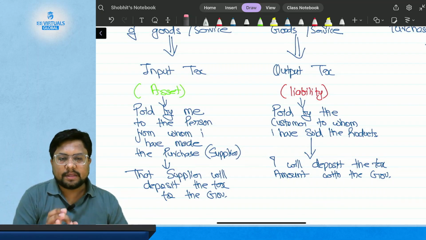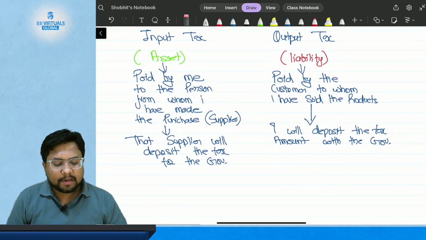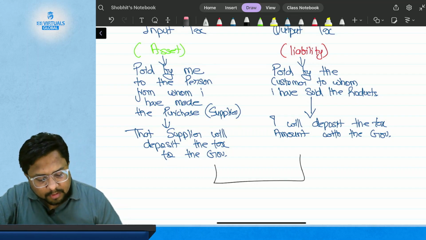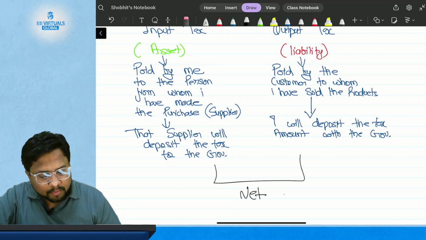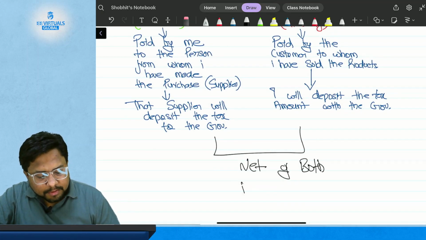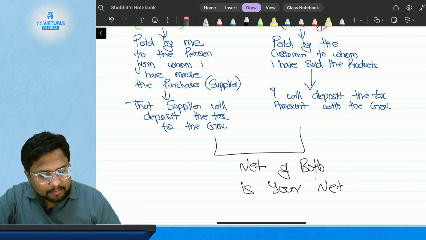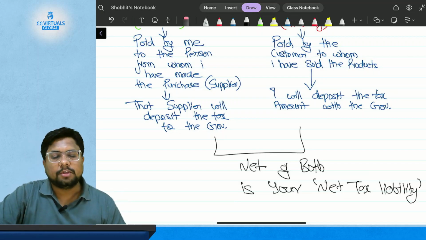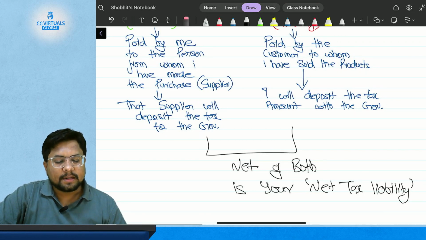So input tax is the asset, output tax is the liability, and net of both is your net tax liability.